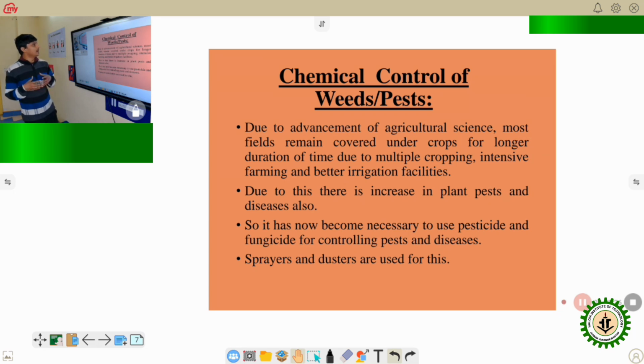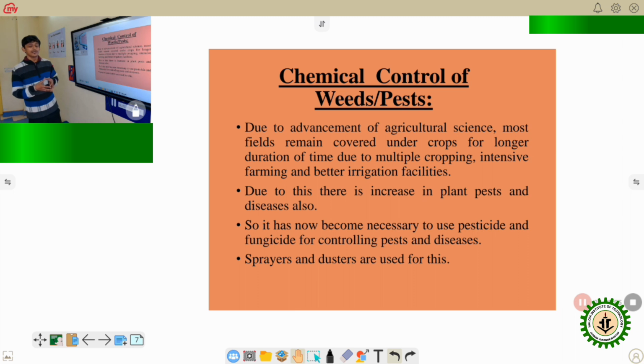Chemical control of the weeds and pests. Obviously, there is a huge population in the world, and with the growing population the cropping intensity also increases.